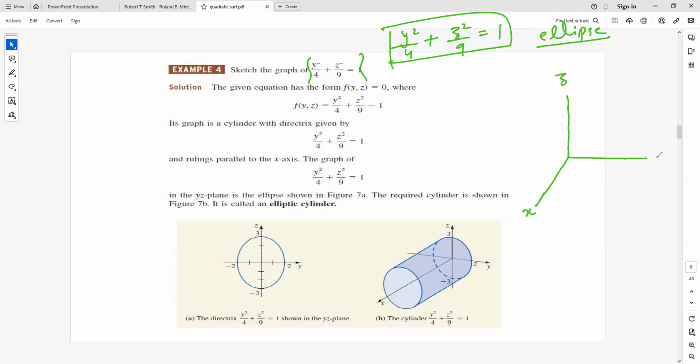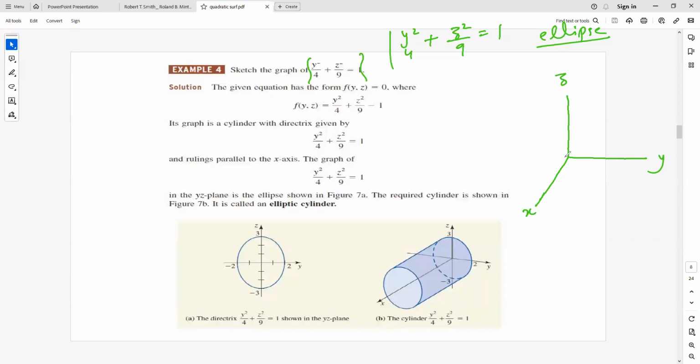So this is x, this is z, and this is y. Now this is the ellipse in the YZ plane. So let me draw the negative y axis as well.